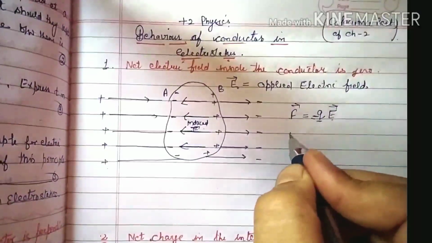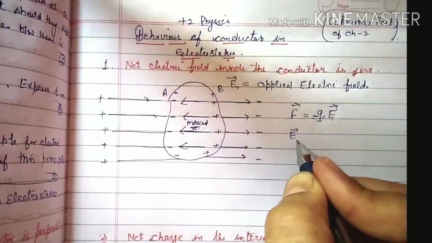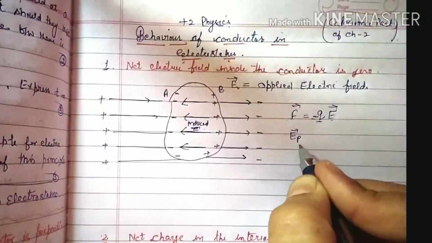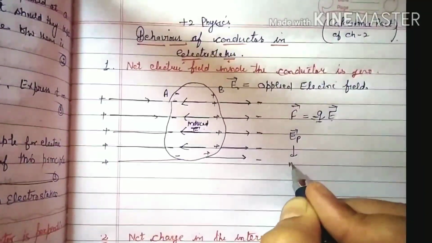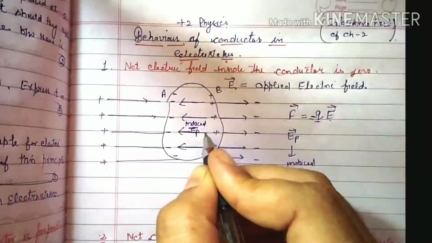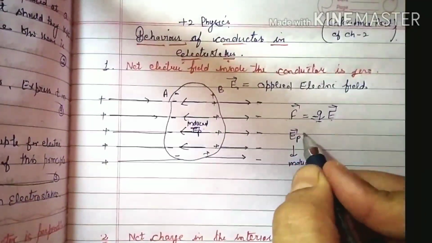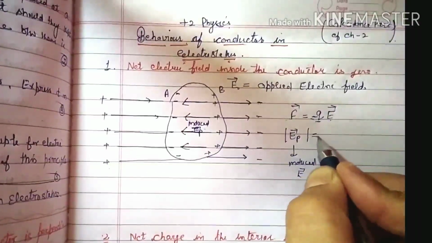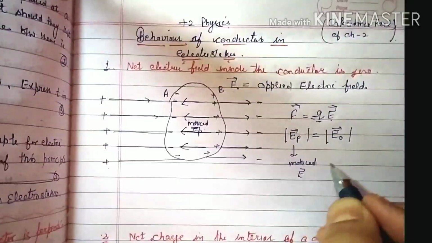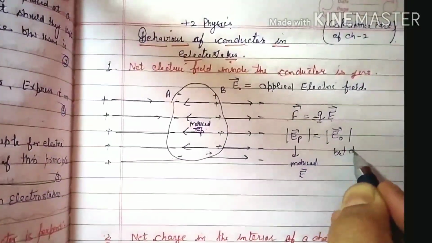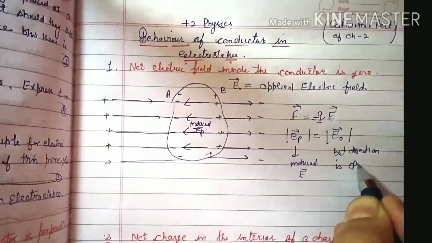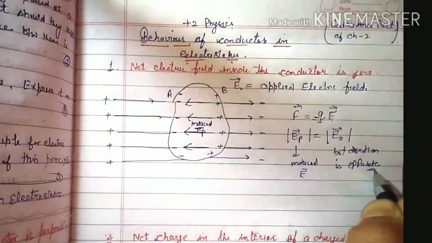I am writing the induced electric field as EP, whose magnitude is equal to the applied electric field, but whose direction is opposite.